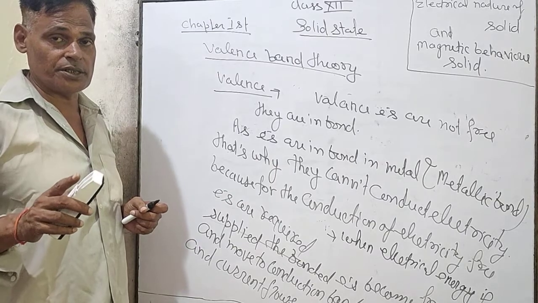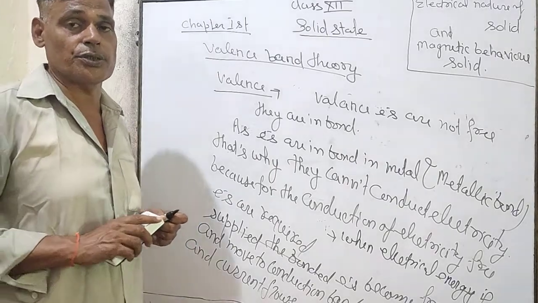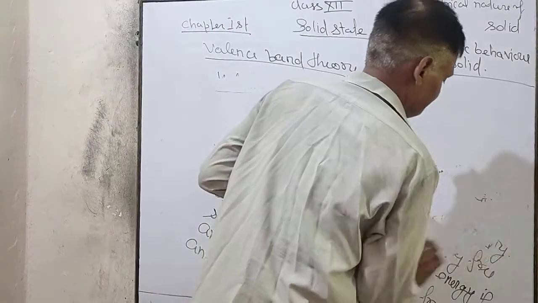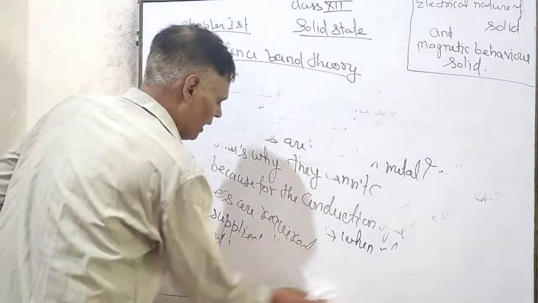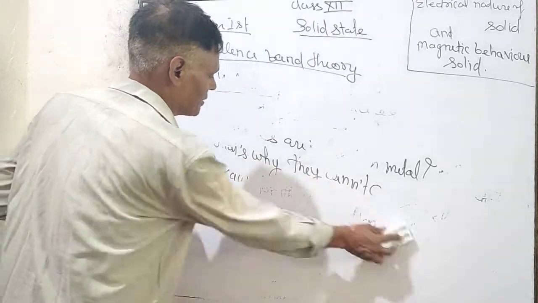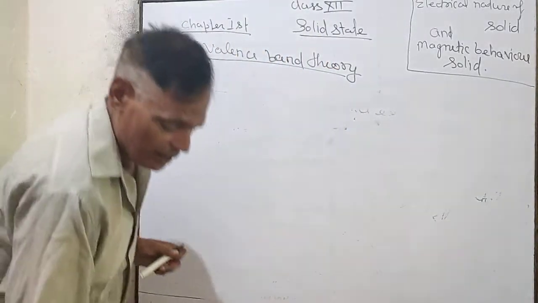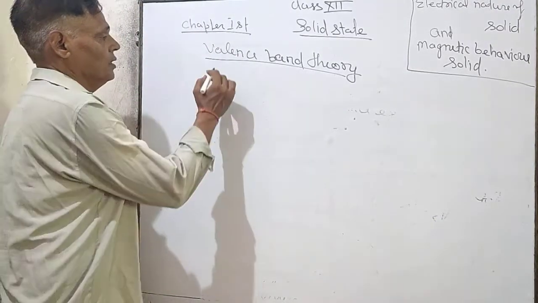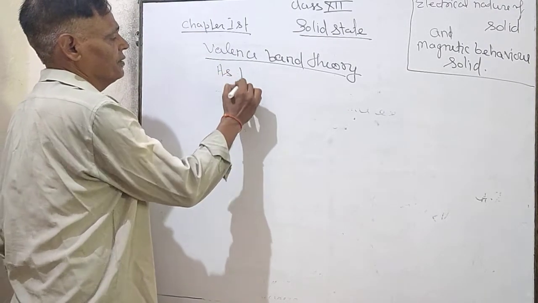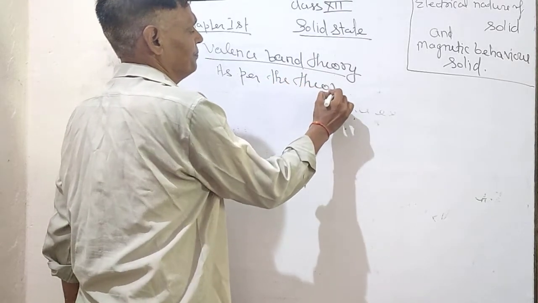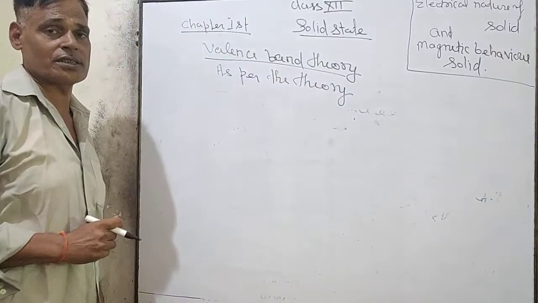in case of solids: conductor, semiconductor, and the last one, insulator. Now see, as per the theory, see what the theory suggests to us.